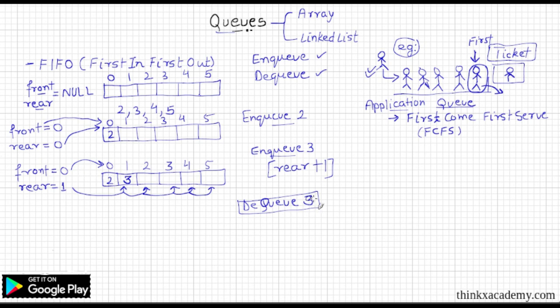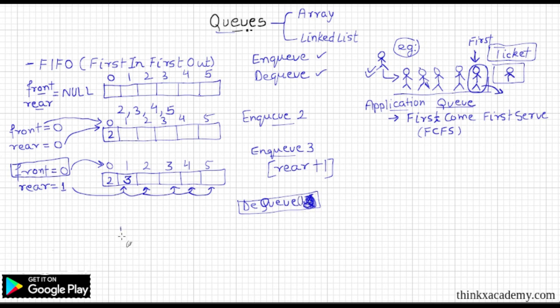So I'm going to write here DQ operation, and I'm not specifying any number because DQ will start from the front side, and thus we are not writing any particular element. So let's suppose I have called the DQ function.